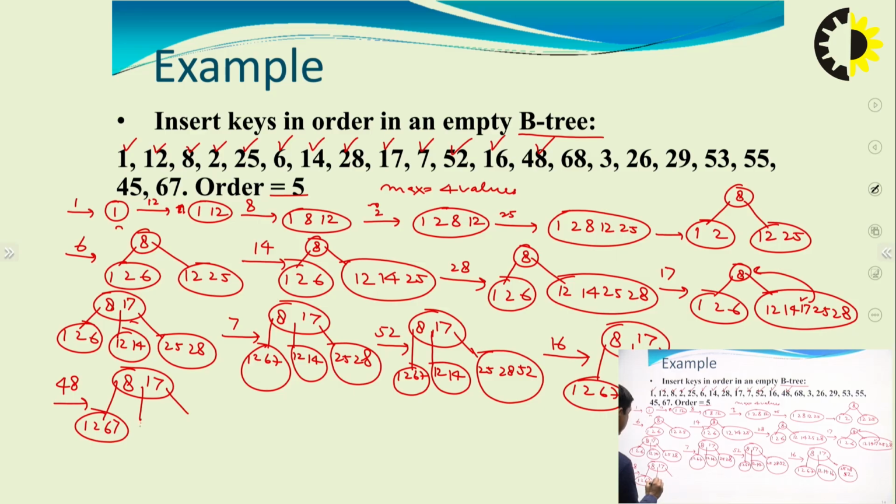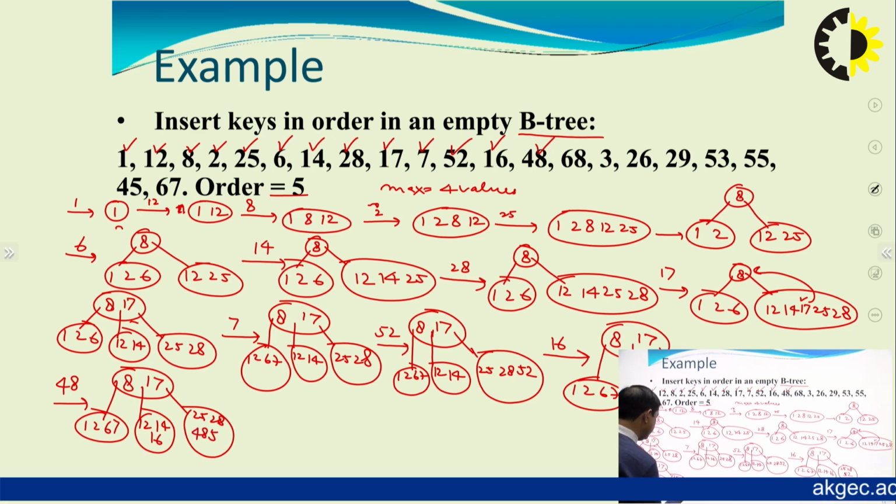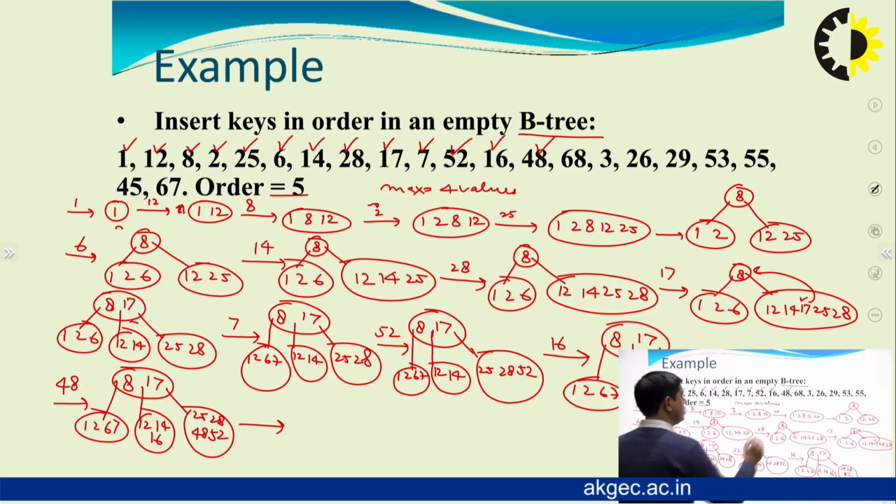Here 12, 14, 16. Always we have to put the value in sorted order. Then after that 48, that means 25, 28, 48 and 52. Now after that we have to insert 68.